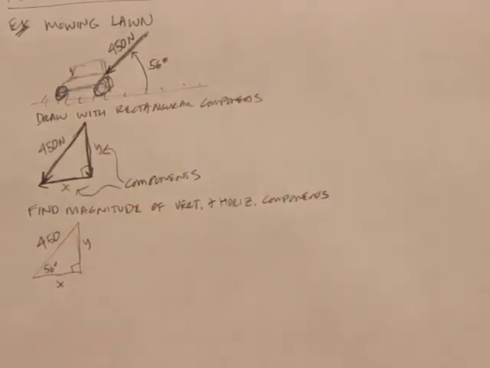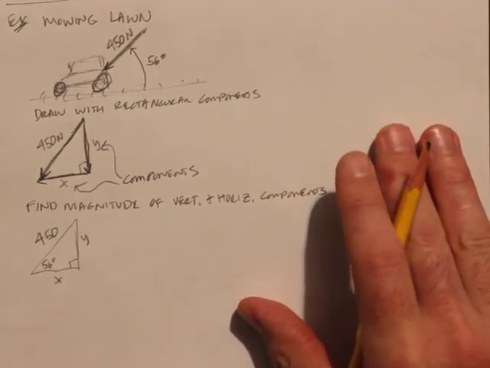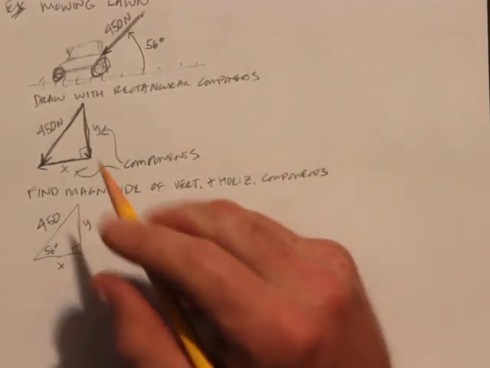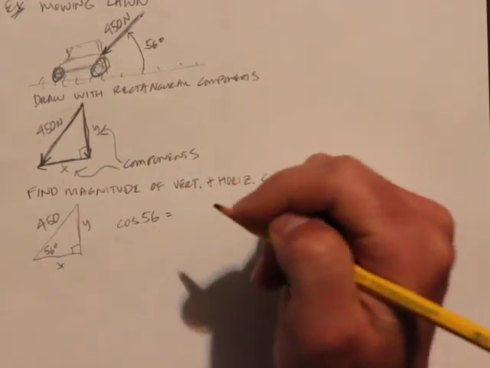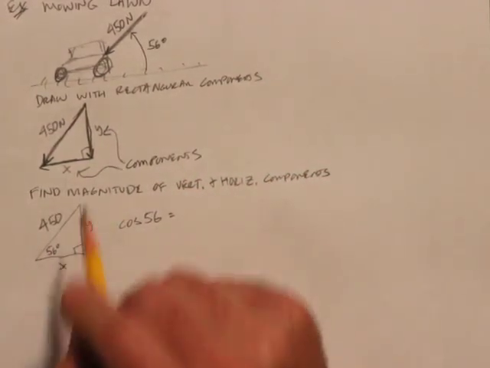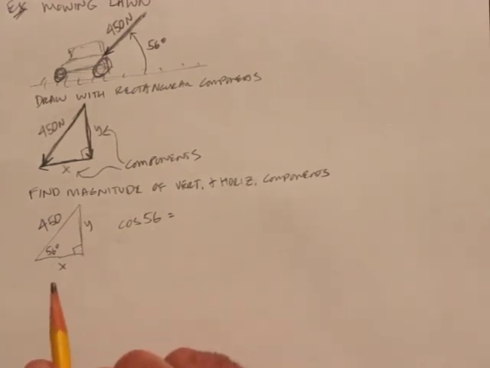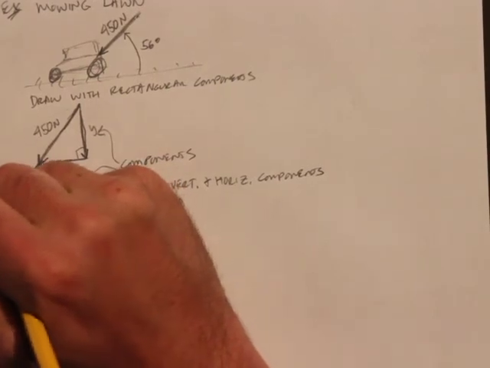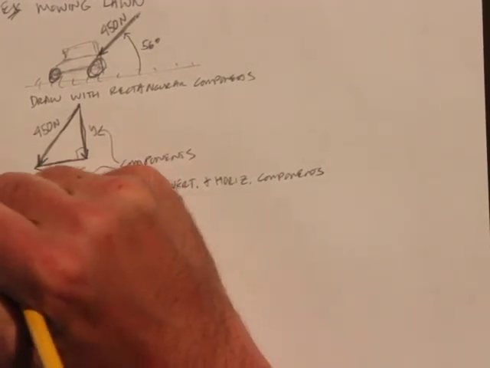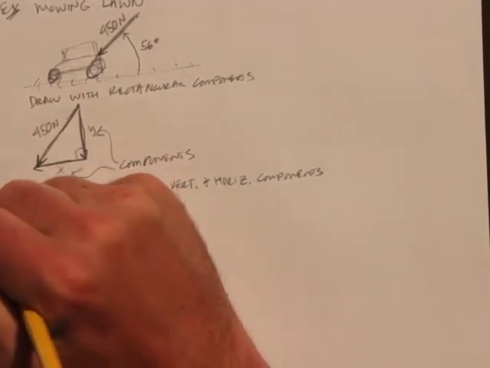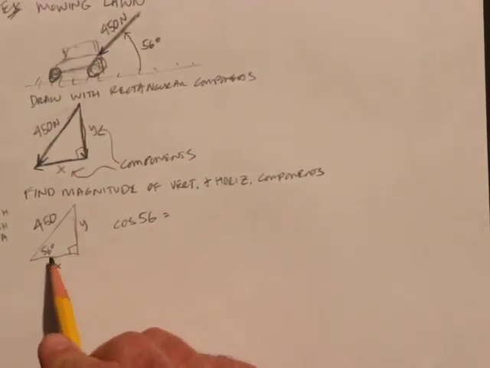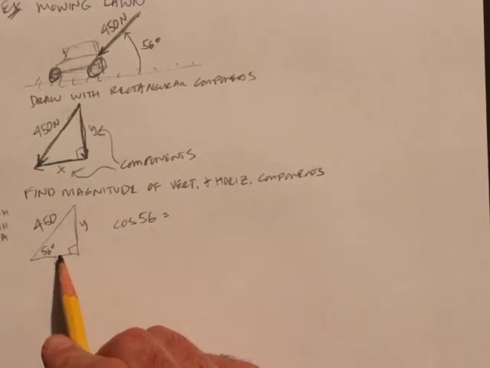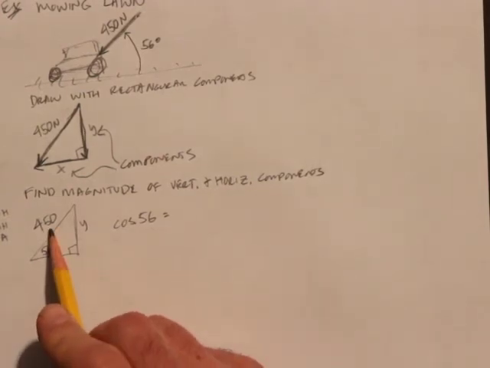So what we are going to do here is take the cosine of 56. Why would I use cosine? Remember that we're going to use SOHCAHTOA. Cosine is adjacent over hypotenuse.